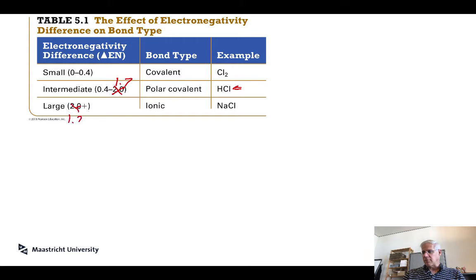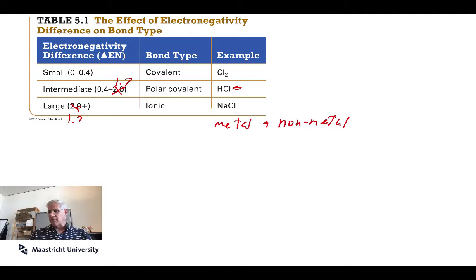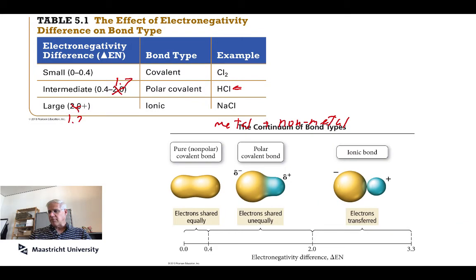And the easiest way actually to recognize your difference in electronegativity is going to be large for ionic is you're going to have a metal ion combined with a non-metal ion. Those tend to lead to those large differences in electronegativity and leads to your ionic bonds. And here's just a kind of a cartoon showing the different electron sharings.